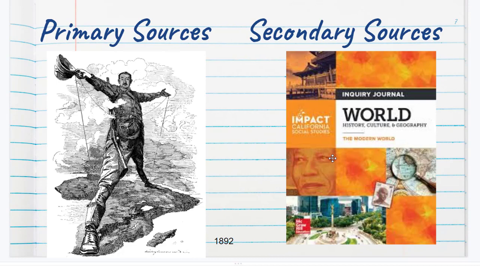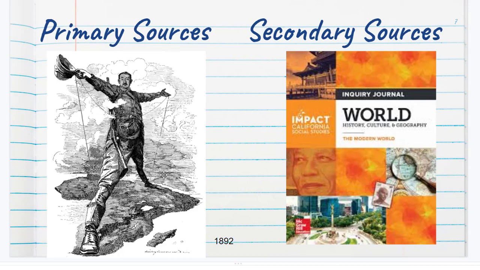For example, at the end of the semester, we'll study imperialism, which is how Europeans took over and dominated parts of Africa. We'll read that chapter, we'll talk about that, we'll take some notes. At the same time, I want you to look at the different photographs, cartoons, pictures, and speeches from Europeans.